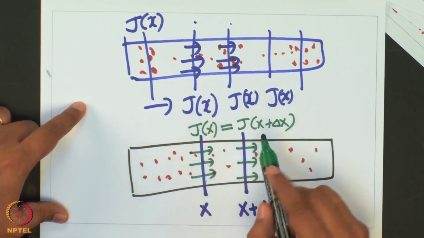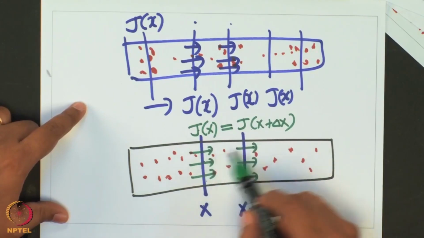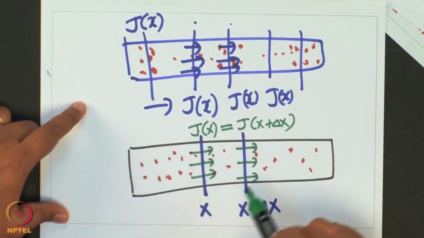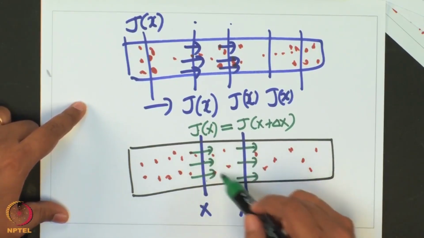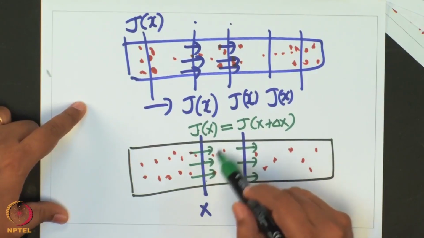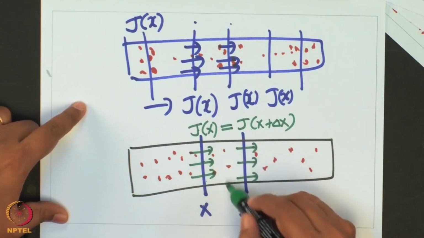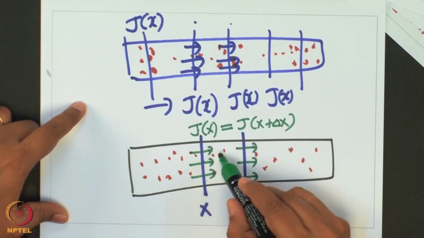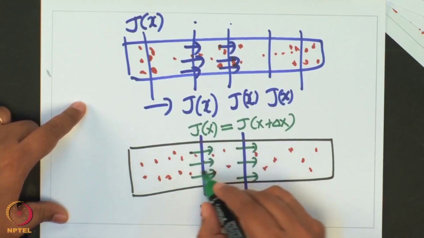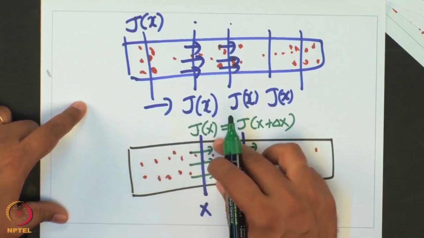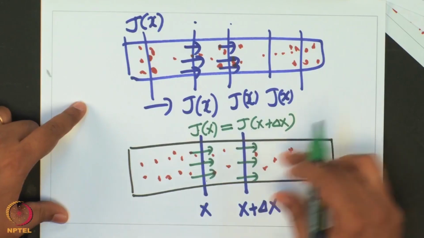If this current is equal to this current in both direction and magnitude, the concentration of the red proteins in between will remain unchanged. So the change in concentration here will be 0, that is, it will not change with time. That means 300 particles came in, 300 particles went out.